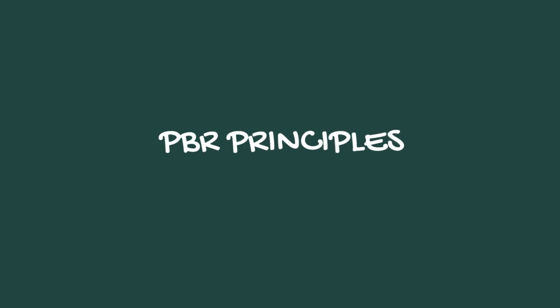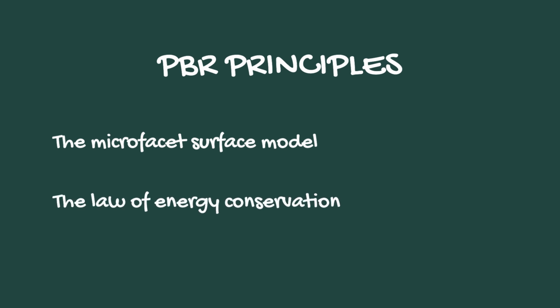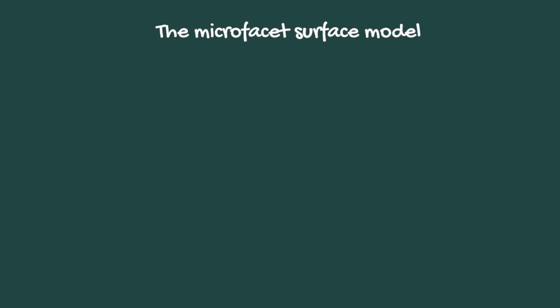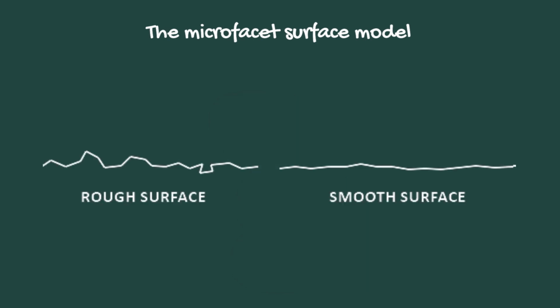Every PBR model must follow these two principles. The first one is the microfacet surface model, and the second one is the law of energy conservation. For the microfacet surface model, the theory suggests that at a microscopic level, any surface can be thought of as tiny, perfectly reflective mirrors, called microfacets.